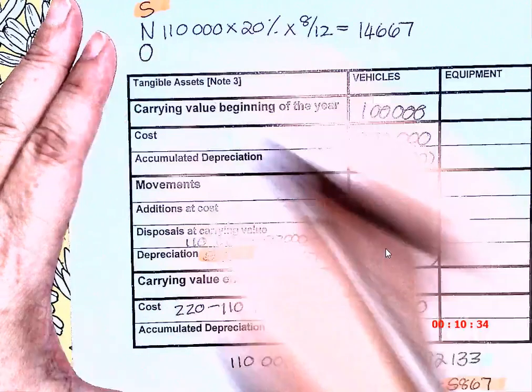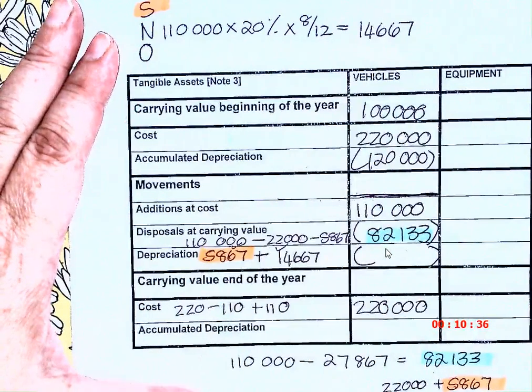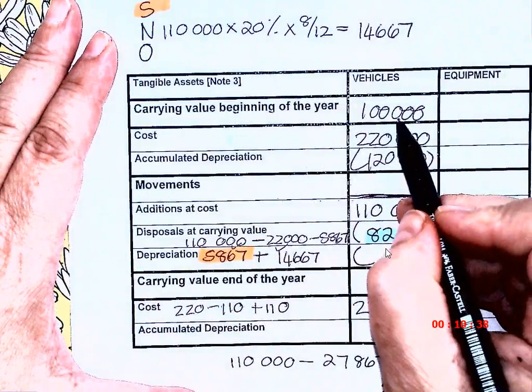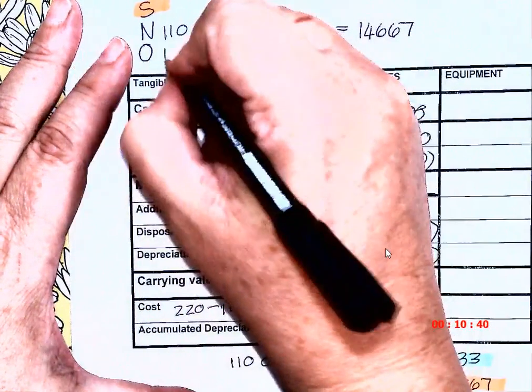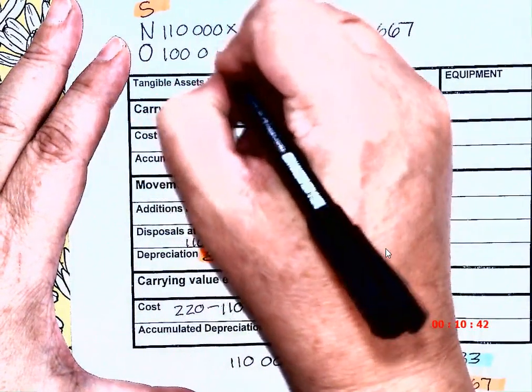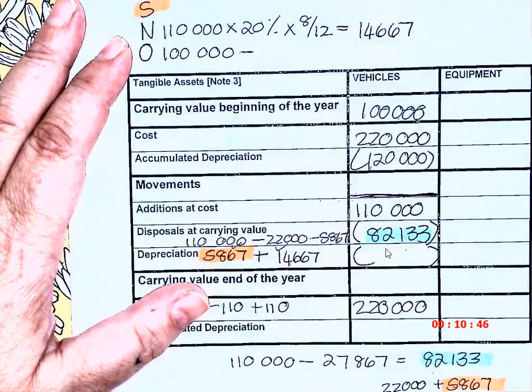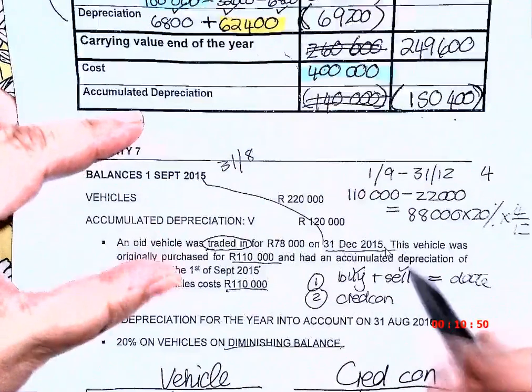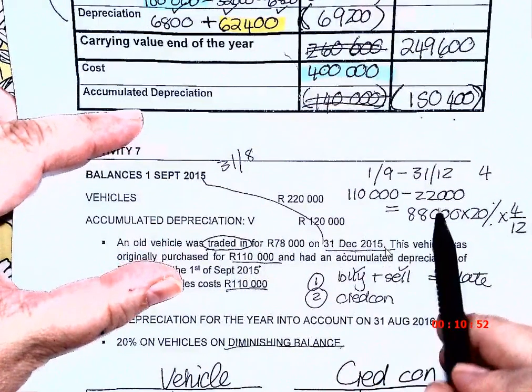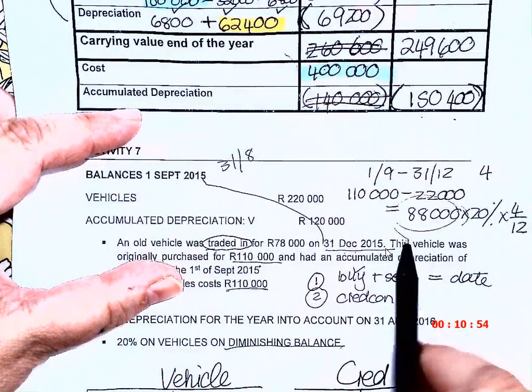And now the old one. I'm going to take the carry value at the start of the year, meaning that 100,000. And I'm going to subtract the carry value of the asset disposal at the start of the year. Now if I look at that, what was that? It's that 110 less 22, it's that 88. So I'm going to subtract that 88.